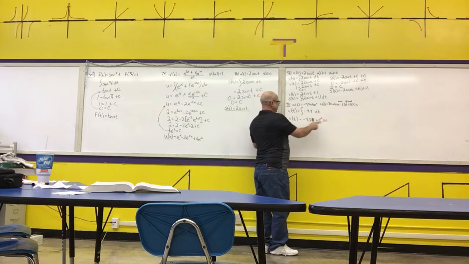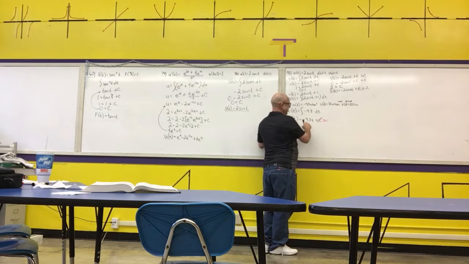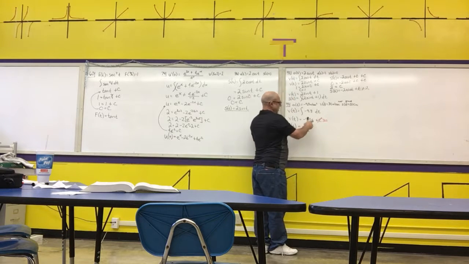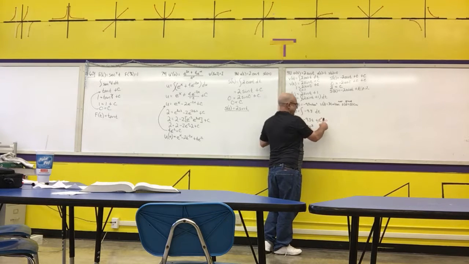My next step is to take the antiderivative of v of t to get my s of t. The antiderivative of negative 9.8t is going to be negative 9.8t squared over 2. Add one to the exponent, divide by the new exponent. Antiderivative of 30 would be 30t plus c.